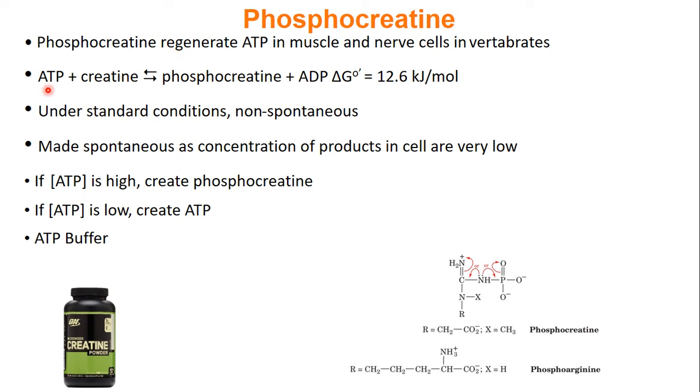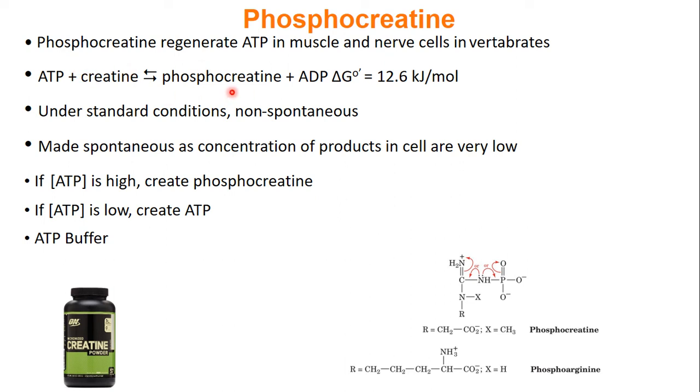So the reaction is ATP plus creatine makes phosphocreatine plus ADP. And so this can work backwards, where you have phosphocreatine plus ADP to remake ATP. So under standard conditions, this is not spontaneous. So ATP and creatine will not react under standard conditions.